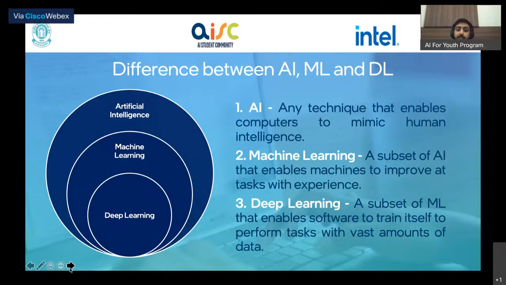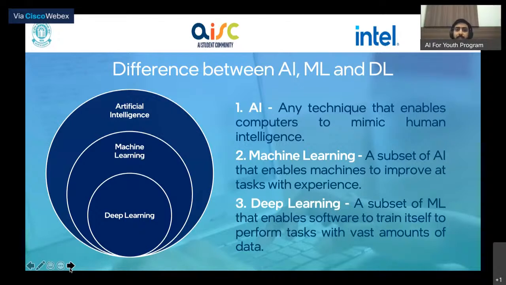It is a subset of machine learning in which the tasks require vast amounts of data, and each deep learning model has several nodes. We'll speak about it in more detail further in the slides. But deep learning basically does tasks that require a lot of human thinking.